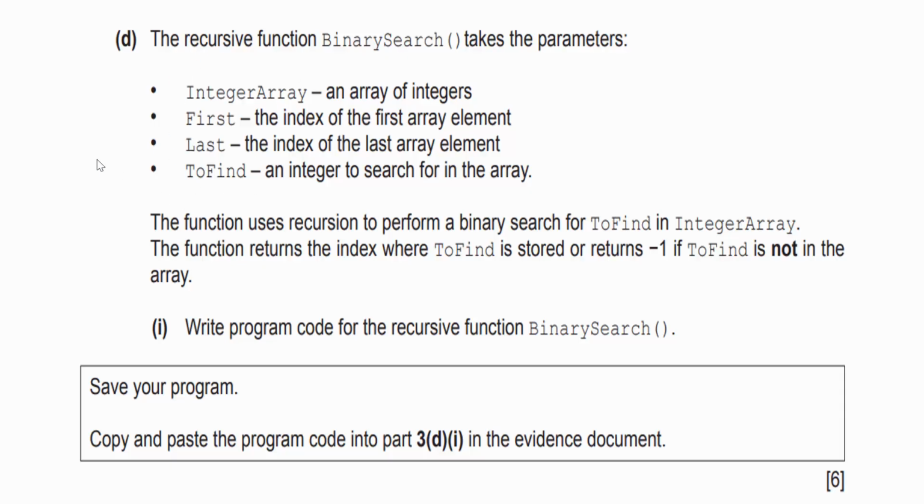The function uses recursion to perform a binary search to find an integer in the array. The function returns the index where to find is stored, or returns -1 if to find is not in the array. Write program code for the recursive function binary search. Let's swing over to VB.net and do that right now.